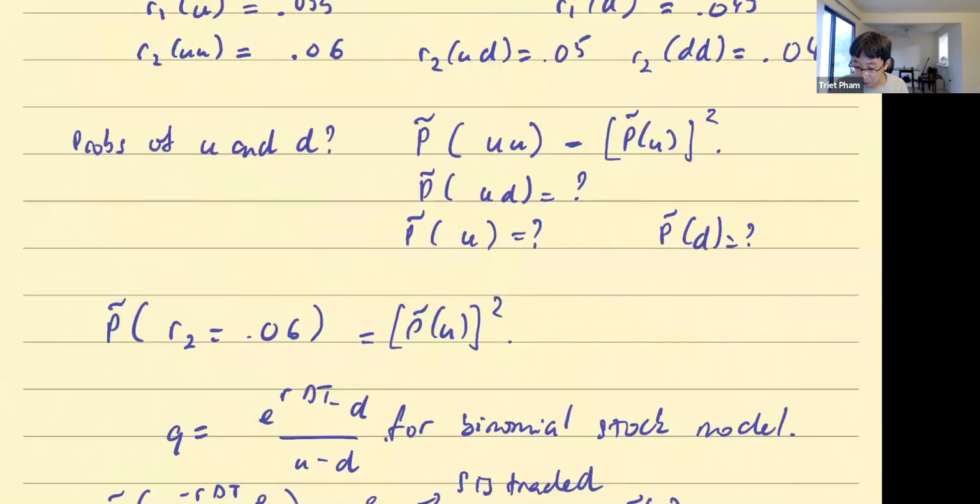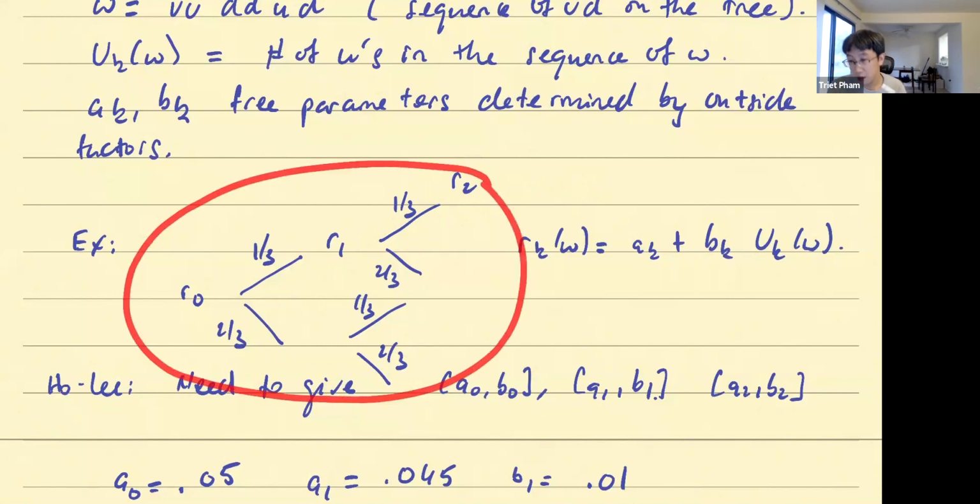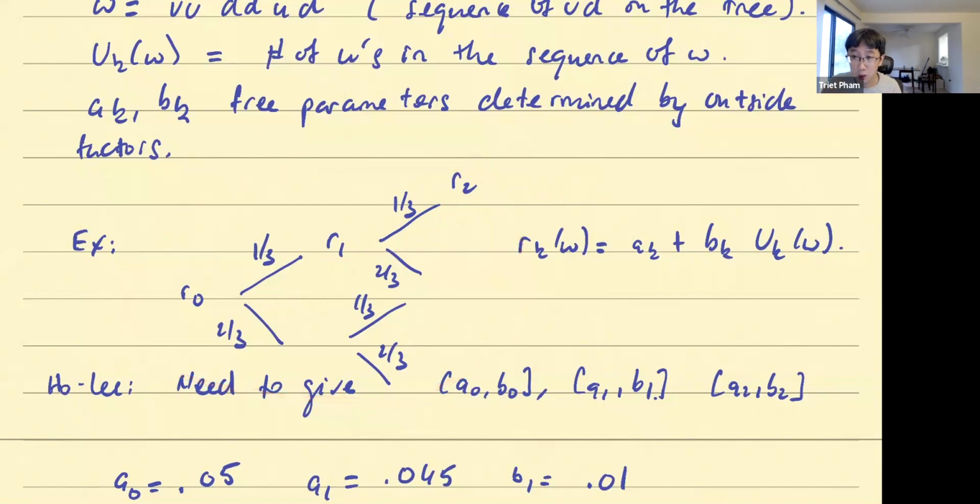If you look at this tree, it's kind of funny, but R0 is used for the period from 0 to 1. R1 is used for the period from 1 to 2. So even though we model R2, R2 is useless unless you want to talk about something going on at step 3, which is fine. Actually, what is meant is that this tree is good to use for up to 3 periods because R2 is used for the period 2, 3. Is that okay?